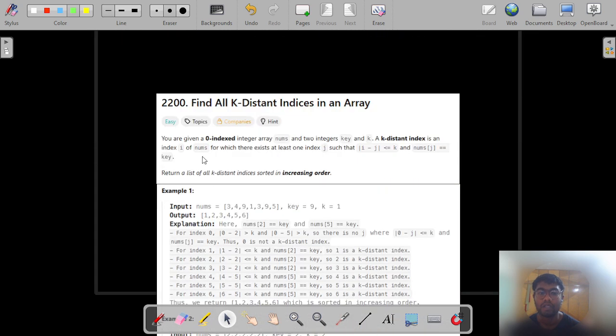So yeah, let's look at this problem. You are given a zero indexed integer array nums and an integer key and k.